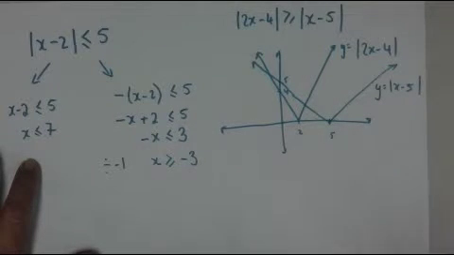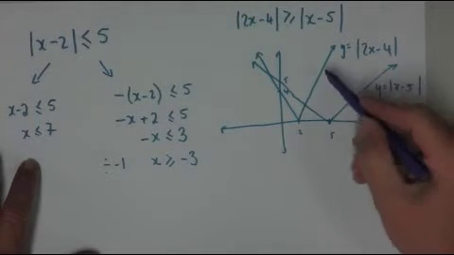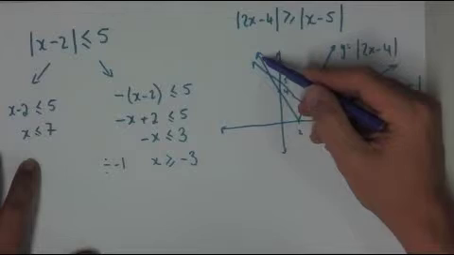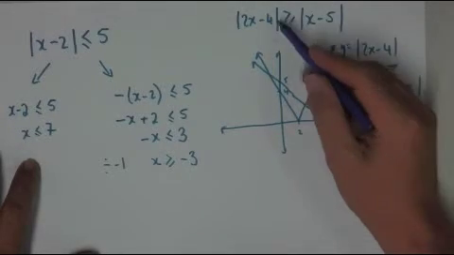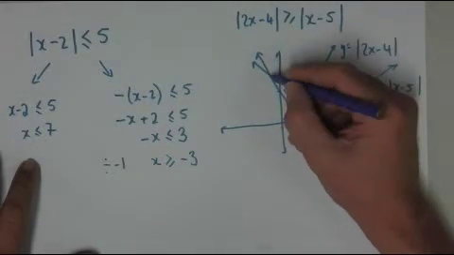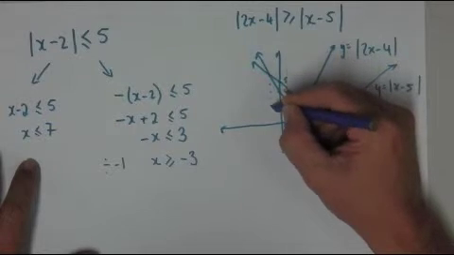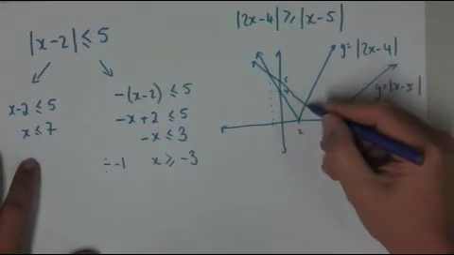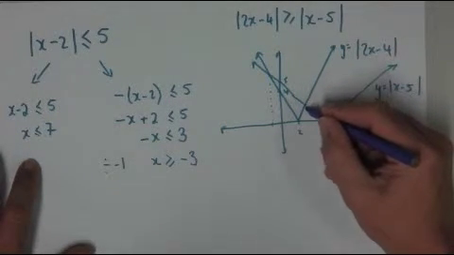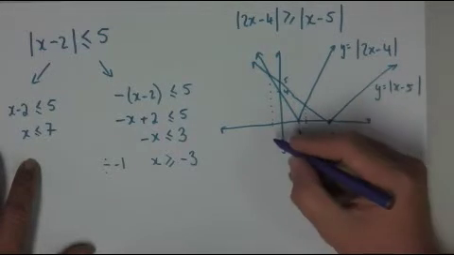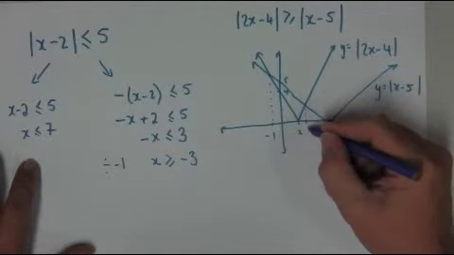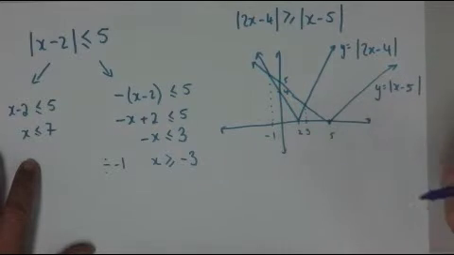And now we need to look at where this graph is greater than or equal to the other one. So we have some key points. This key point here is minus 1. This key point here is 3.